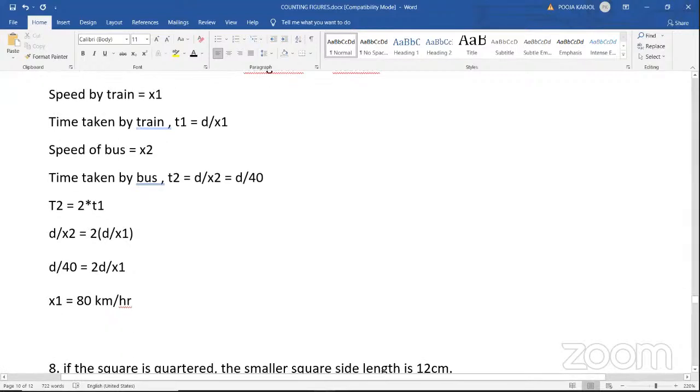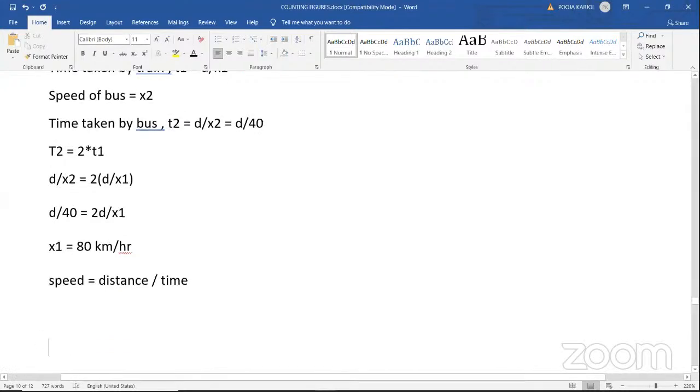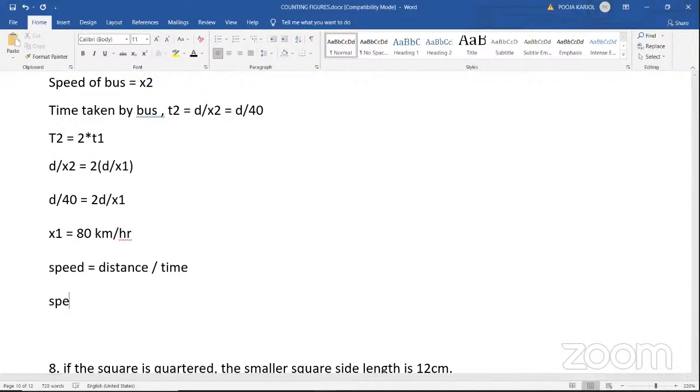Now, what is the formula for speed? Distance upon time. So speed is equal to distance upon time. I can say that speed is inversely proportional to time.